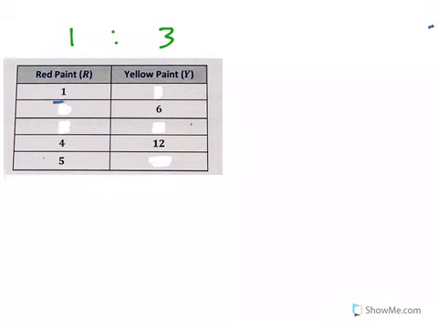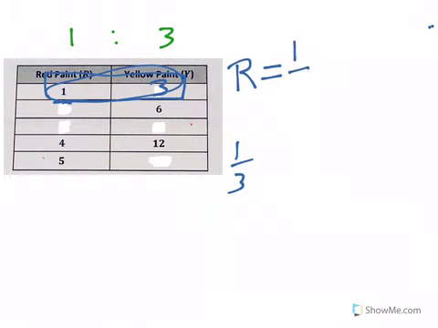If we look at this top line, we already know that the Y is 3, right? Because it's a 1:3 ratio. We could say that the red paint, which is R, is equal to, going back to this original ratio value, if I wrote that as a fraction, it would be 1/3 of the value of Y. That's an algebraic equation right there, right?